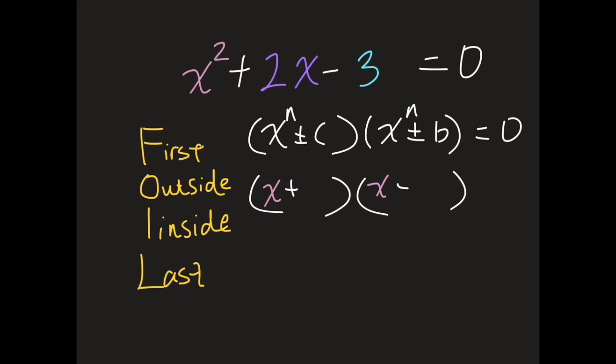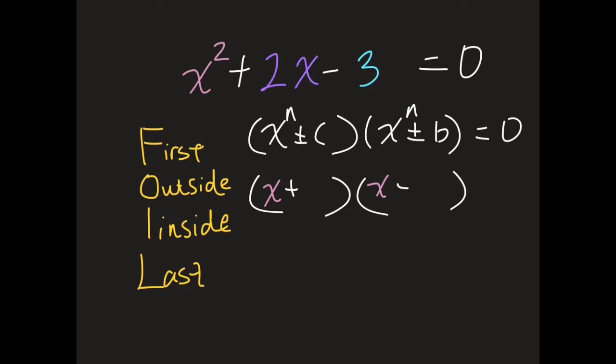So which numbers can work is actually -1 and 3, right? You see, -1 plus 3 is +2, right? And -1 times 3 is -3. So that's perfect. So we just kind of solved the equation here.